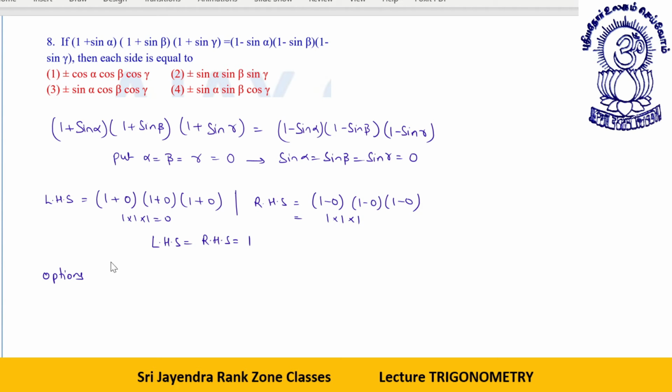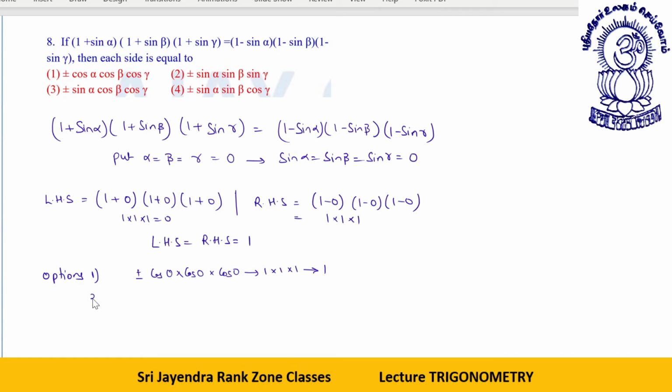Okay, so if I put the value in the options, let's see which option shows the same answer. Option number 1, we have plus minus cos 0, then again cos 0, then again cos 0. It becomes 1 into 1 into 1, that is 1.